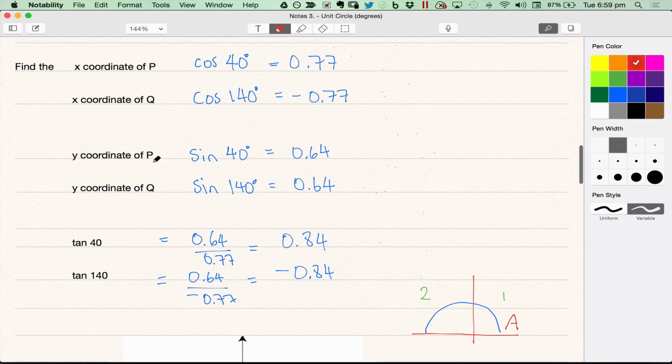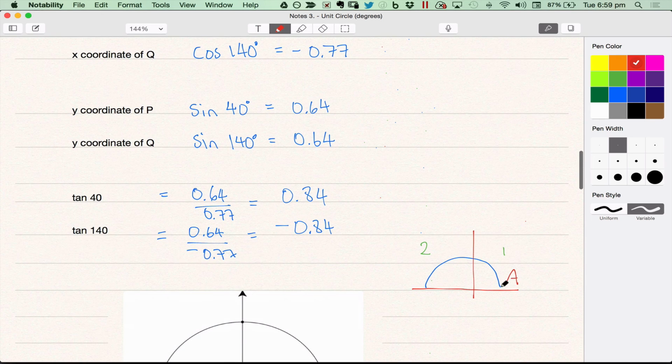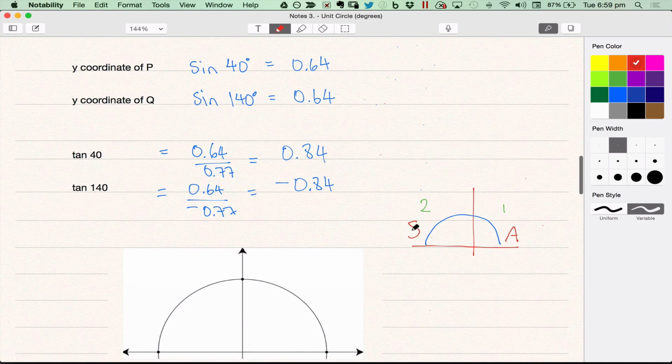Cos is positive, sine is positive, and tan is positive. So all three of them are positive. In quadrant 2, only sine is positive, so we put an S. And I'll teach you a way to remember that a bit more clearly when we do the other few quadrants. But for now you just need to remember all of them are positive in the first quadrant. Only sine is positive in the second quadrant. The other two are negative.